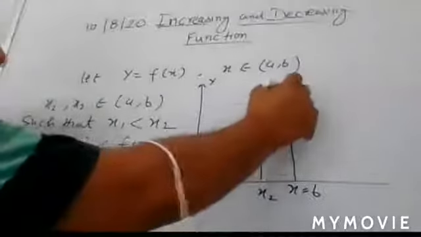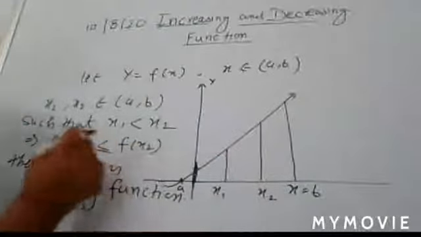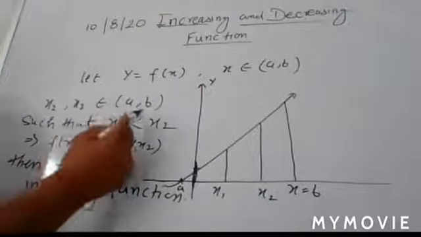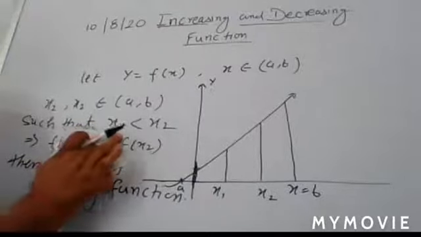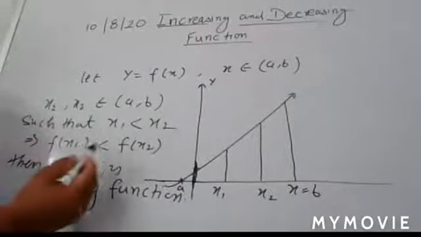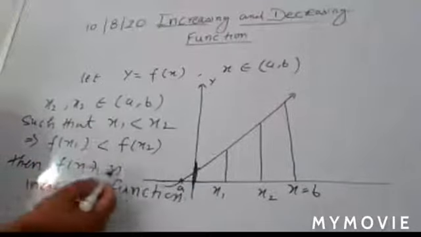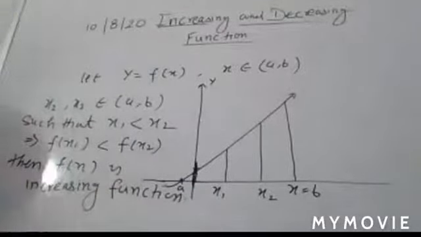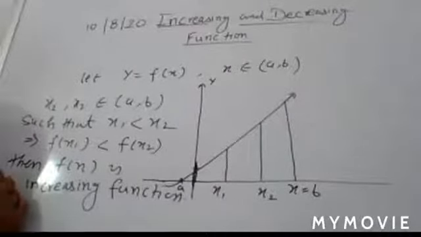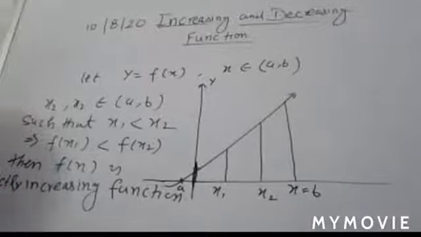Under this situation, if x1, x2 belong to (a, b) such that x1 is less than x2 and the value of f(x1) is less than f(x2), then f(x) is said to be not just increasing but strictly increasing. So you write here the words strictly increasing function.